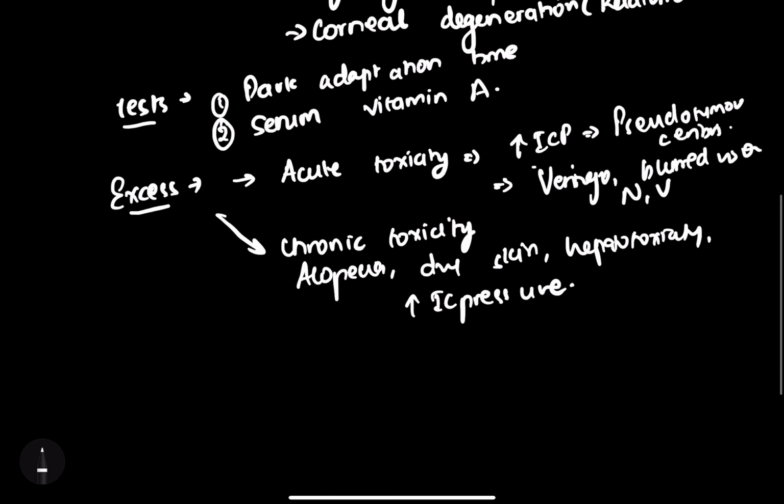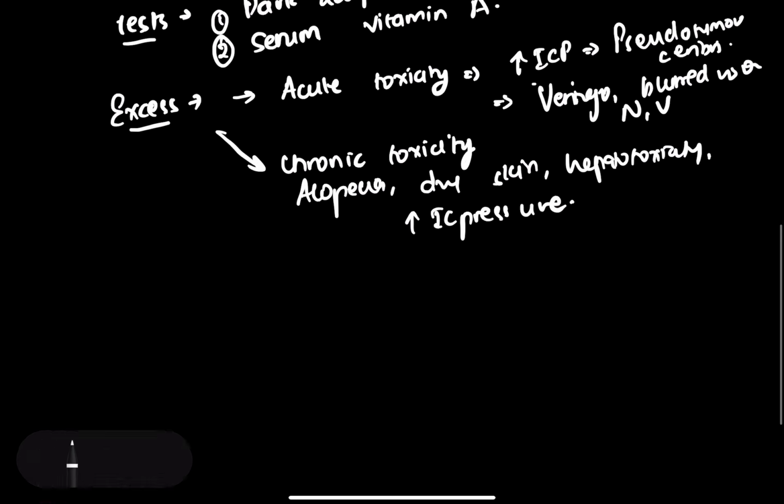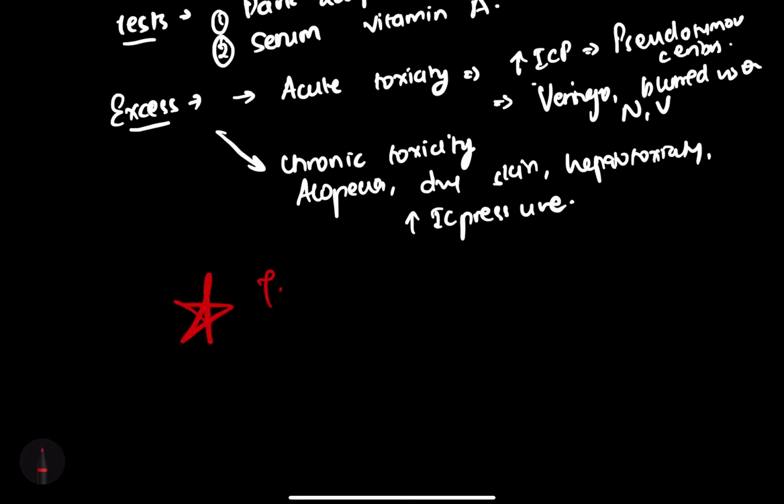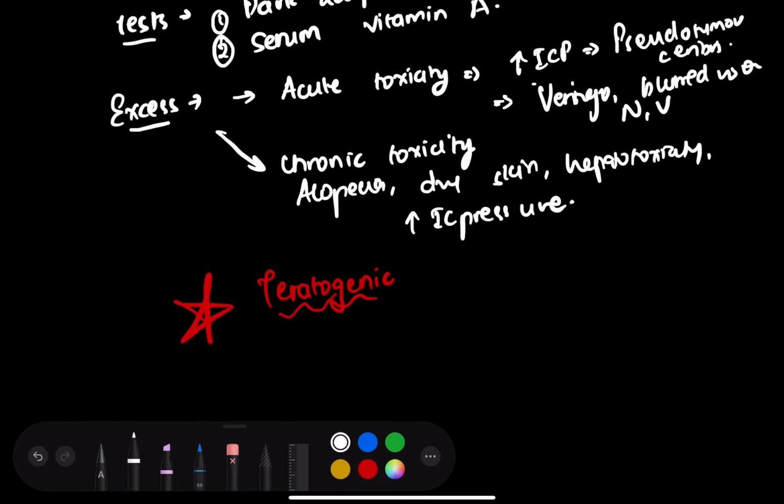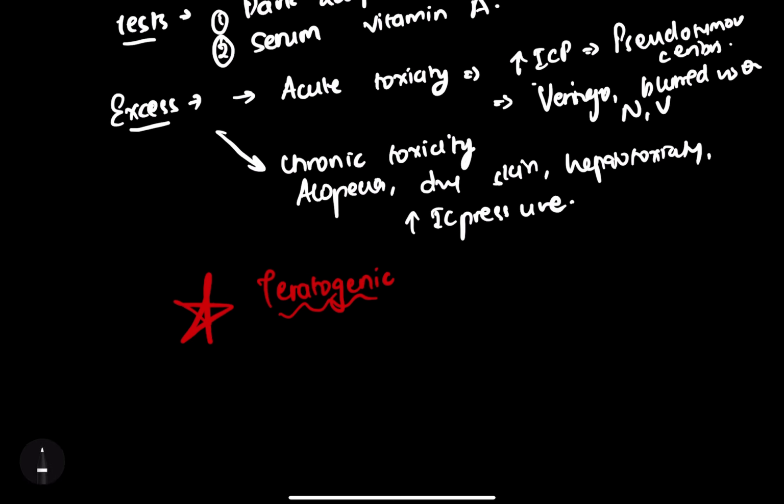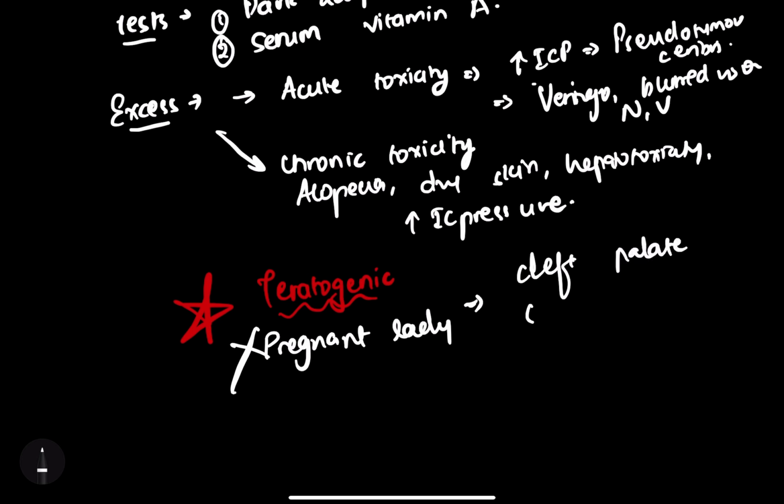Now, one very important point that you have to remember is that vitamin A is teratogenic. You should never give it to a pregnant lady, because it may cause cleft palate and cardiac abnormalities.